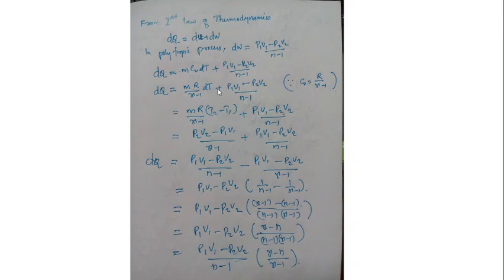Now what is dT? dT is T2 minus T1. So mR T2 minus mR T1, that is P2 V2 minus P1 V1 divided by gamma minus 1, plus P1 V1 minus P2 V2 by n minus 1.